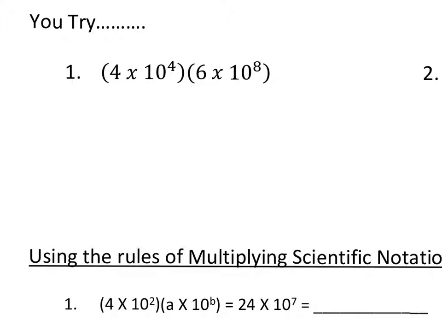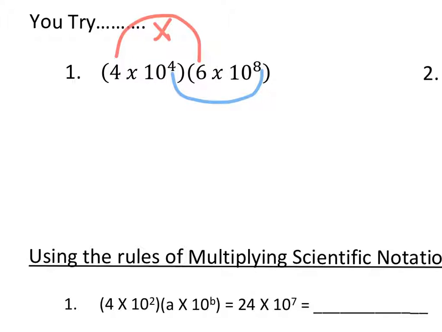Okay? So now, what am I going to multiply? What am I going to add? Go ahead, Lee. Very good. So I'm going to multiply the 4 and the 6, and I'm going to add what? 4 and 8. Very good.